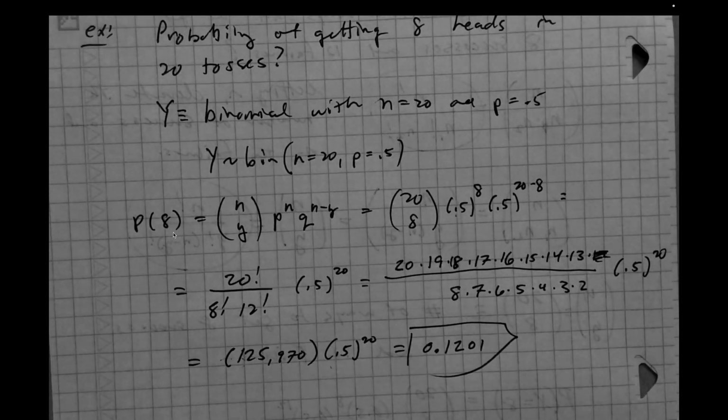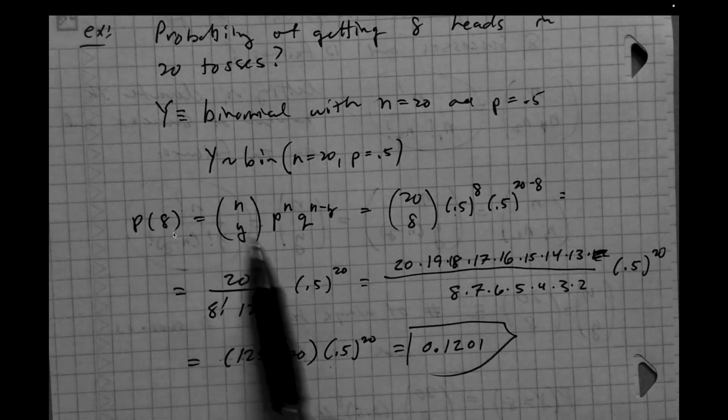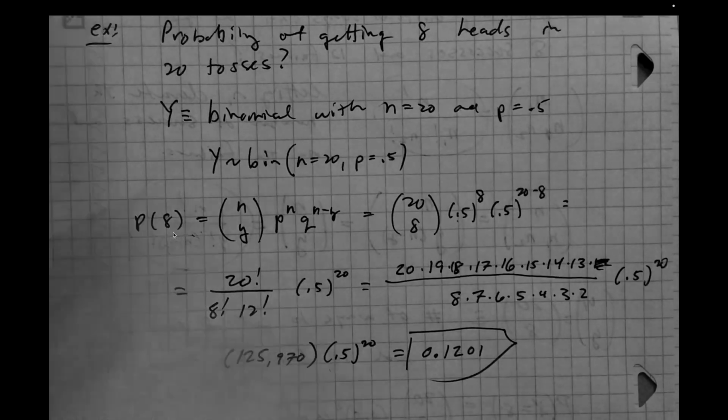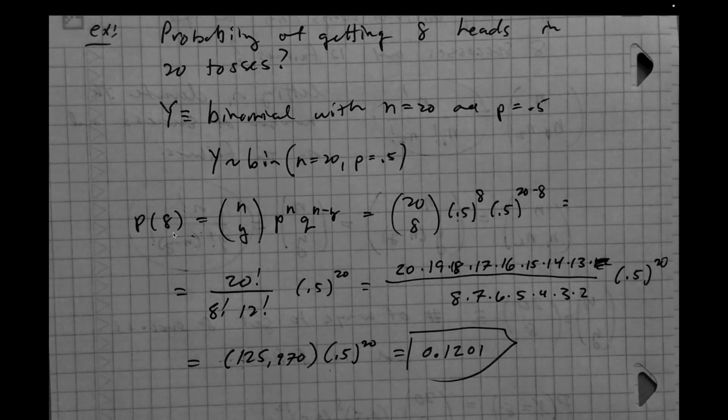So about a 12% chance of getting 8 heads if you flip a coin 20 times in a row. Interesting, right?